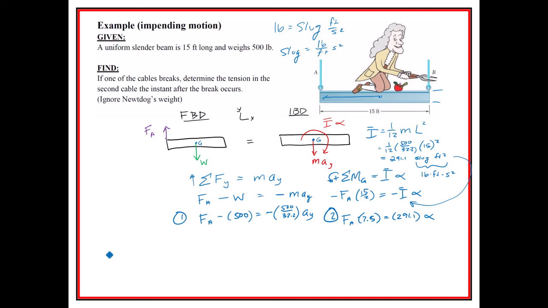Now we use kinematics, and from the kinematic relationship, I actually drew the thing out right here. We know that alpha is related to that A in the y direction by AY equal to 15 divided by 2 times alpha. I decided to substitute that alpha was equal to AY over 7.5.